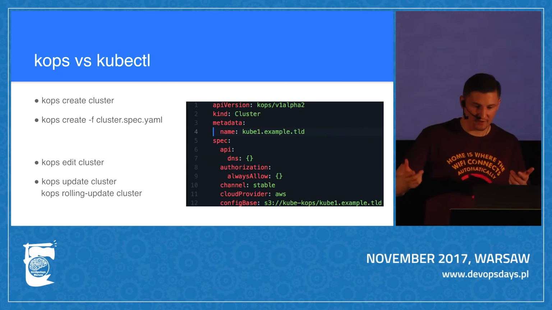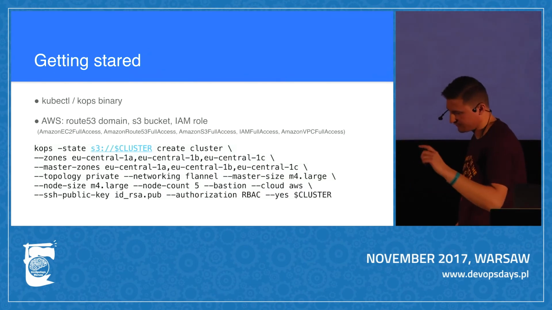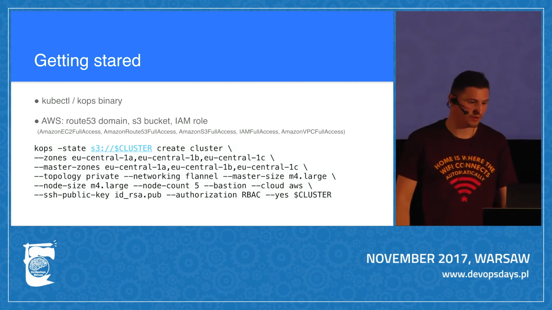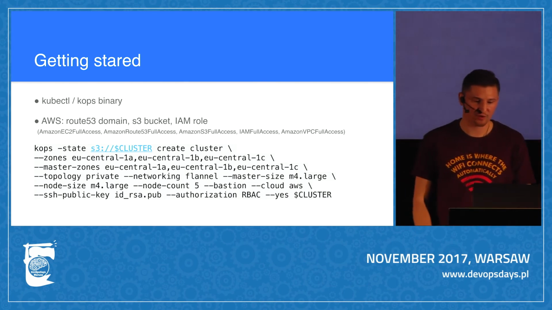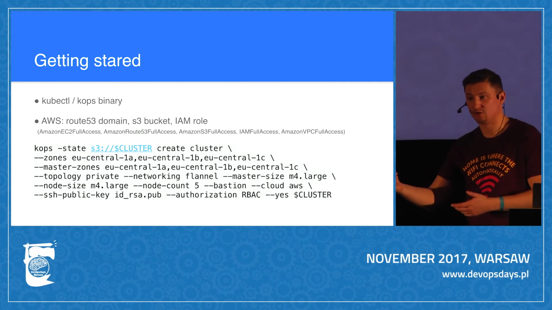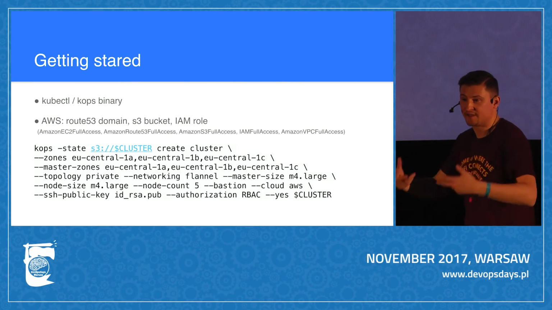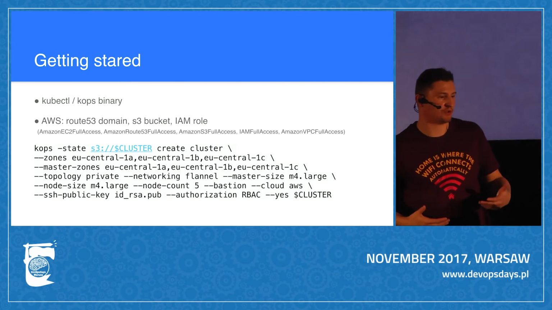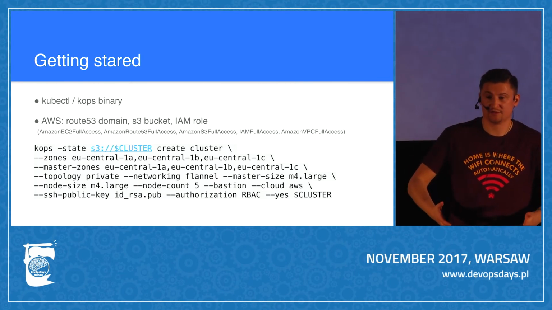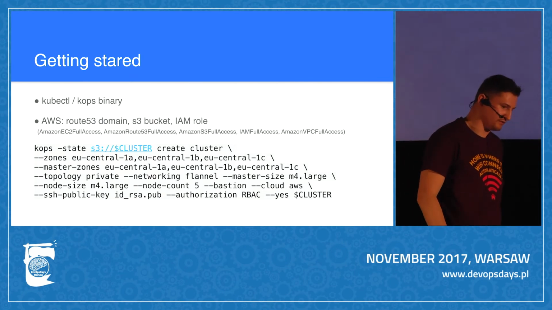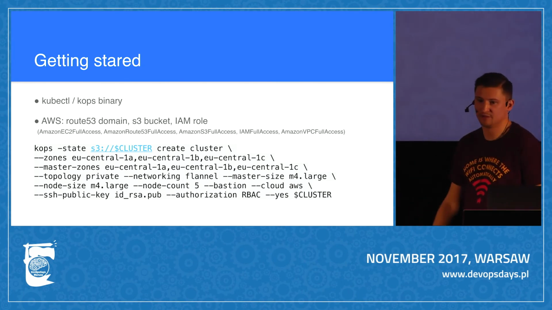The same with containers. How to get started? We have to have binaries downloaded. We have to have our domain where the Kubernetes will be exposed, an S3 bucket or our Git repository for storing our state, because similar to Terraform, we have to have some versioning of these objects we are managing, and some IAM roles to manage our resources.